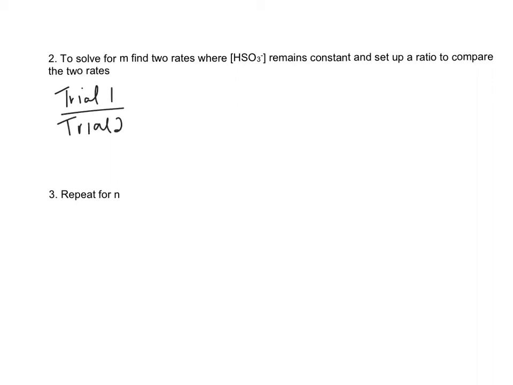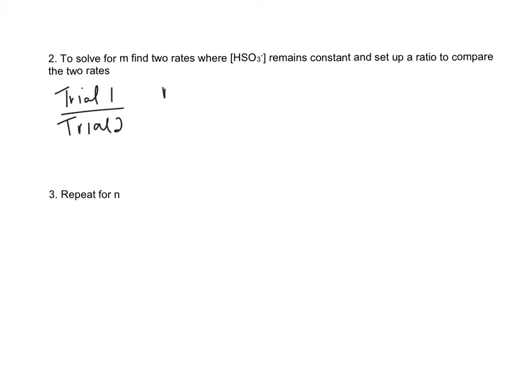And I'm going to pick this ratio because that way my rates will end up giving me a whole number. If I did trial 2 over trial 1, I would get fractions, and it's harder to see the effect if you're doing fractions. It's possible, but some people see the math easier if it's whole numbers. So we compare trial 1 and trial 2.